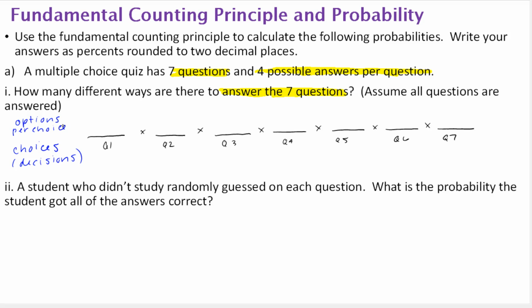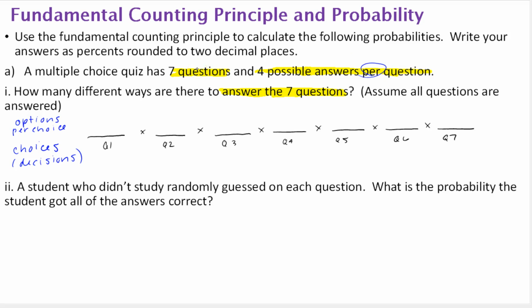You might say, how many options do I have? How many choices do I have? But we have a different meaning here. A choice is a decision, and there are 7 decisions you need to make how to answer each question, and your options are the 4 possible answers per question. And to help you find the options compared to the choices, look for the per question. So that's referring to the choices.